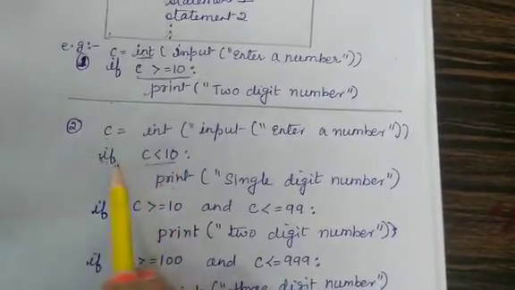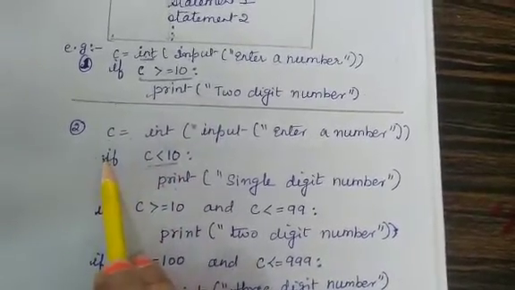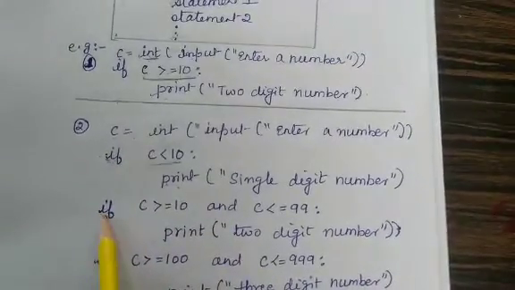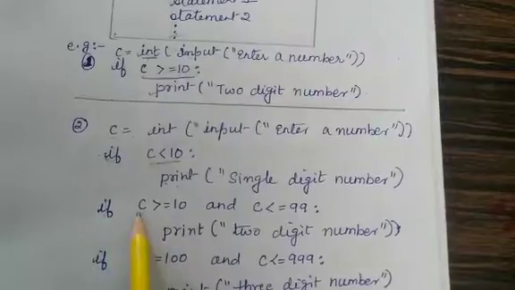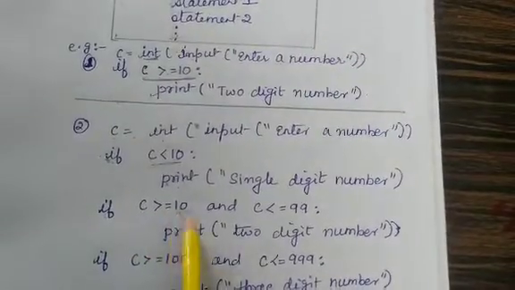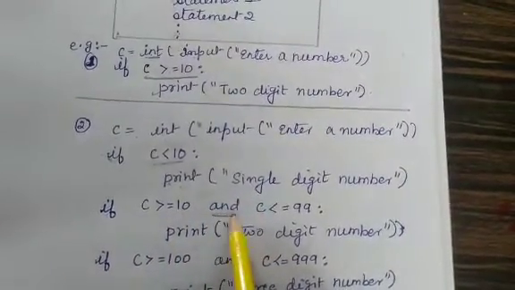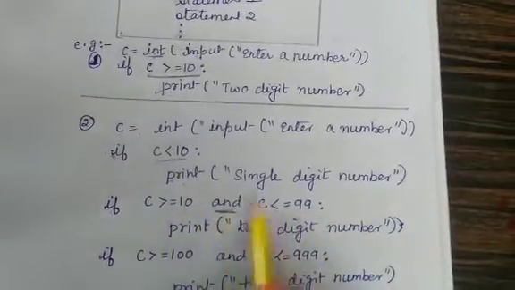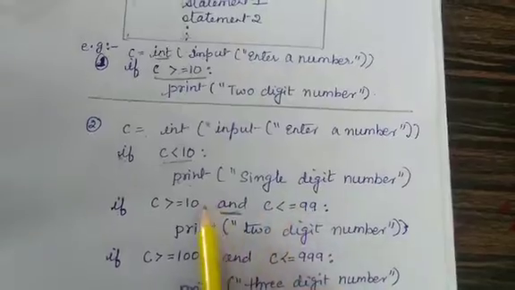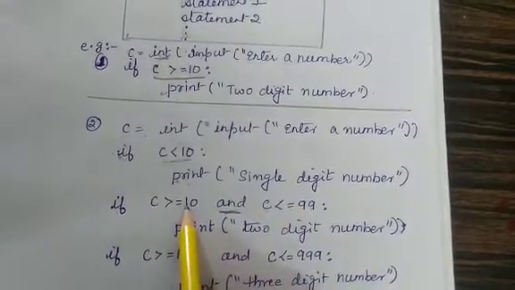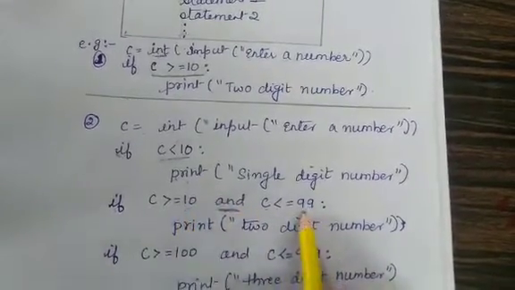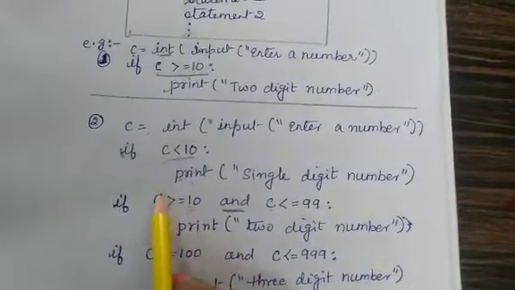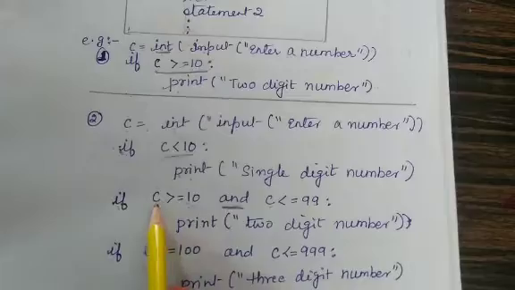So it will simply come to the next line with the same indentation of if, that is, it will come to this part. Here is another condition: if c >= 10 and c <= 99. See the use of the logical operator. That is how we write a range. Range means we want to check all the numbers from 10 to 99. The statement will be written in this format. You have to practice these formats of writing statements.